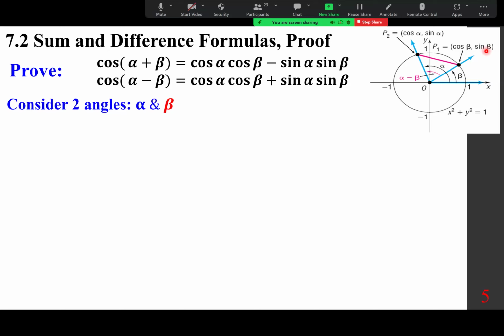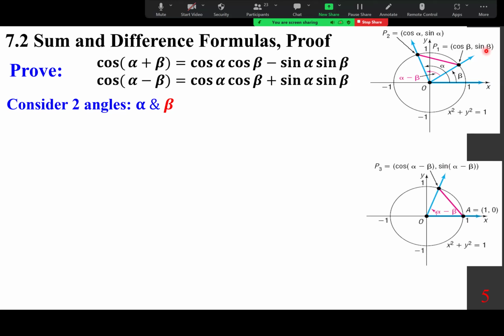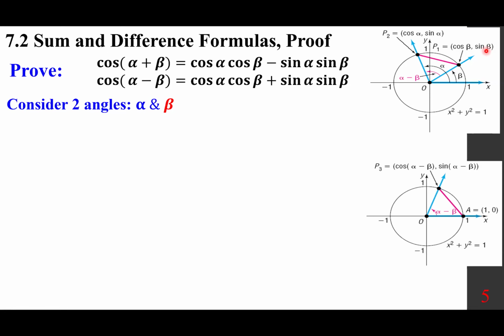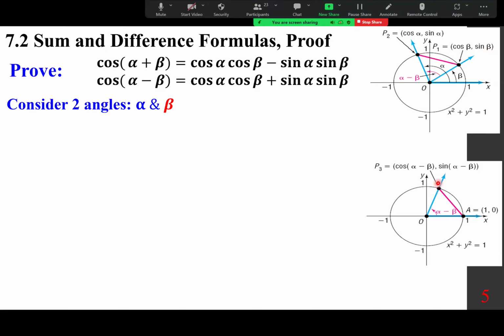If we set up an angle here such that this is the difference of alpha and beta, so this angle is alpha minus beta. Of course, this one has coordinates 1, 0. The coordinates for this one, x is cosine of alpha minus beta, and y is sine of alpha minus beta.